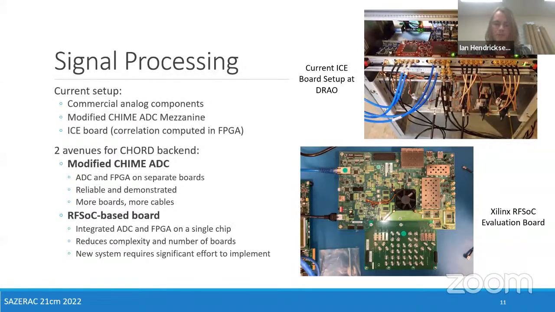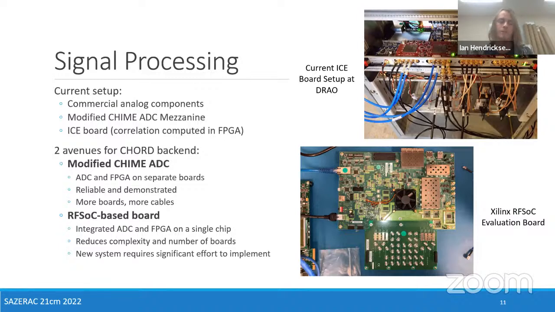So CHIME is a great example where the F engine and the ICE system are the things that perform the digitization, channelization, and the corner turn operation before being sent to the X engine to compute the correlation. But with this small number of inputs that we have, we can actually just compute the correlation on the FPGA itself. So the ICE board is essentially our digital signal processing backend.